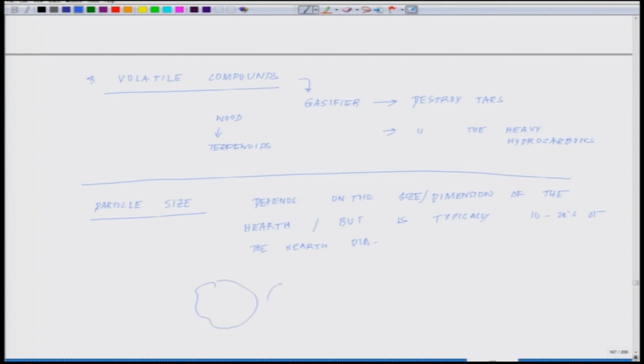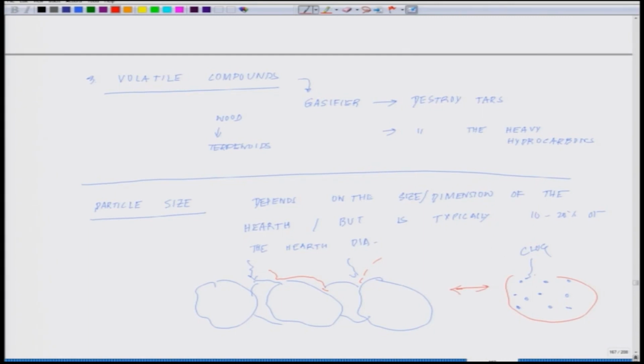Larger the particle, so here is the catch. If you have very large particles like this, they will almost form a bridge like structure which will prevent the movement of the gas and other things. Whereas if you use very small particle size, something like this, they will form a clogging, and the movement will be restricted. So we have to have a trade off between the two.